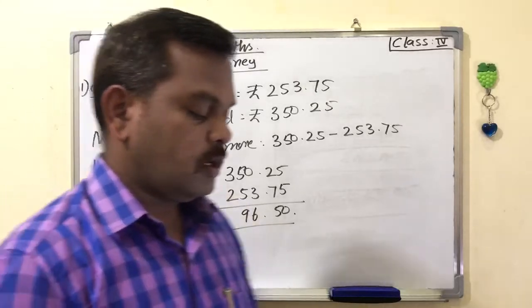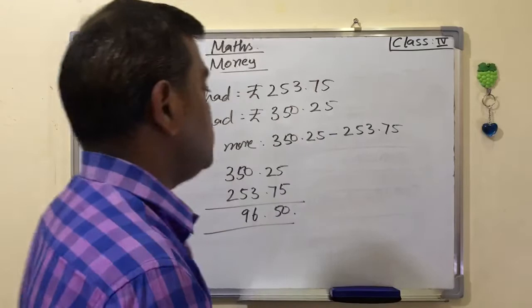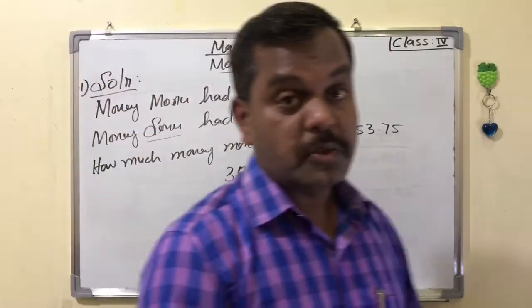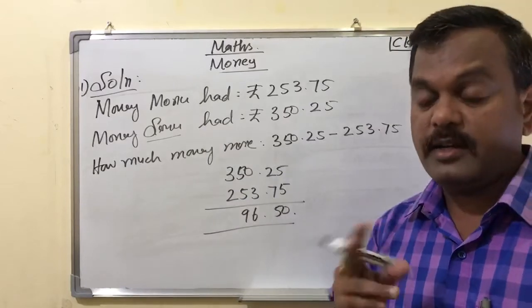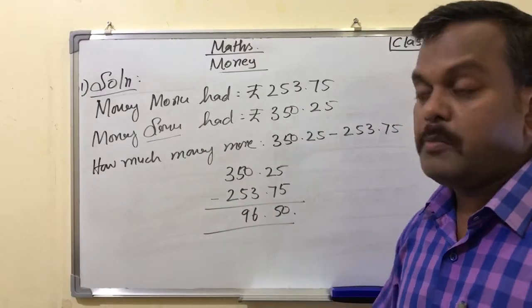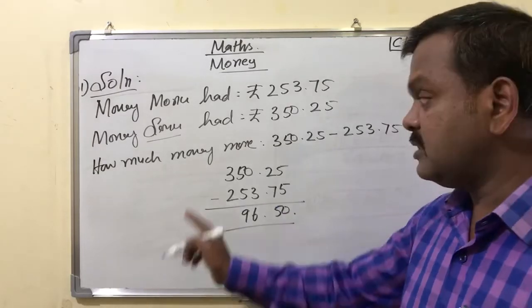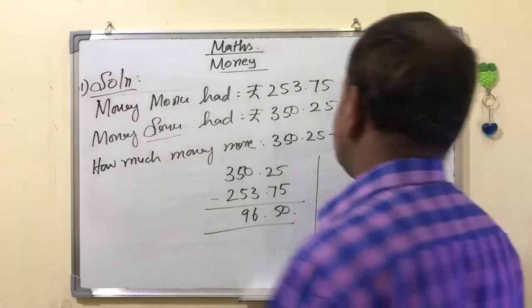So next question, how much money altogether? Altogether means add. Okay, how much money more, that is difference. Difference means subtraction. How much money he has more, that is difference. Altogether means addition.